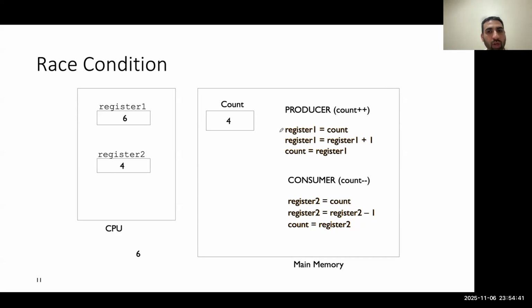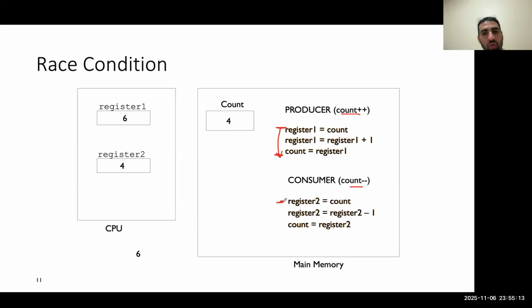So what is the problem? The problem is that these count plus plus and count minus minus operations are divided into multiple instructions. So if the execution of the producer cannot be stopped, like if it has started executing the first instruction, it must complete the last instruction before it can be context switched out.